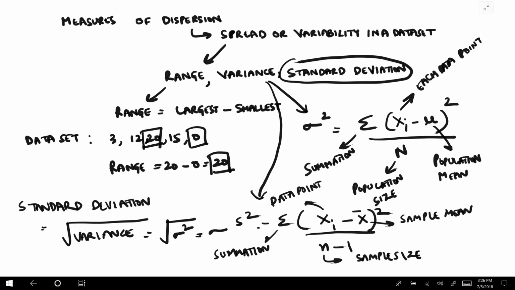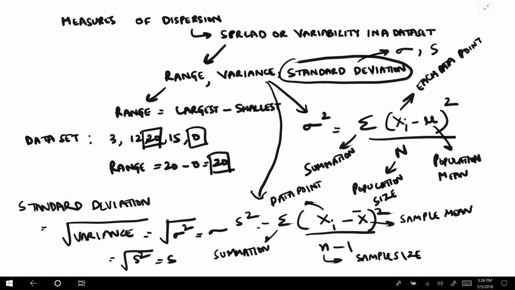So the standard deviation for population, as we discussed earlier, would be represented by sigma. Similarly, for sample, it would be square root of s square, and that is s. So that's the concept of variance and standard deviation.